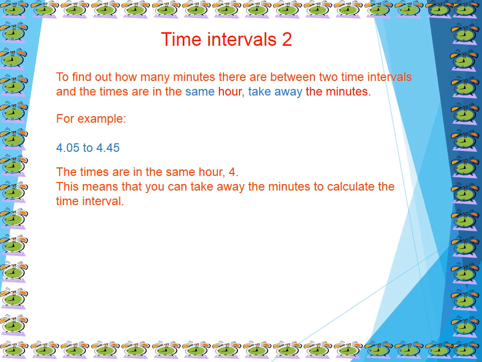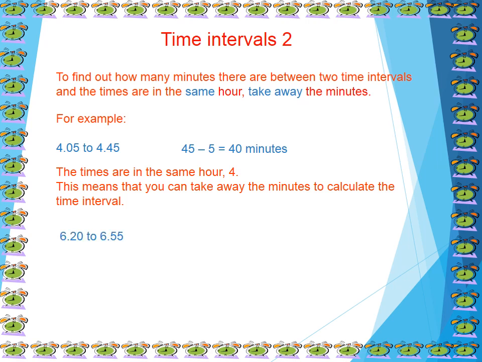First, the times are in the same hour. It's 4, right? Both of them are 4 o'clock. But the first one is 4:05 and the second one is 4:45. This means that you can take away the minutes to calculate the time interval. So 45 minus 5 equals 40 minutes.